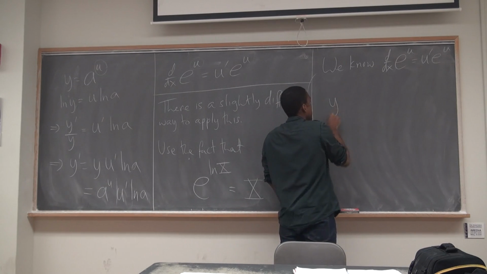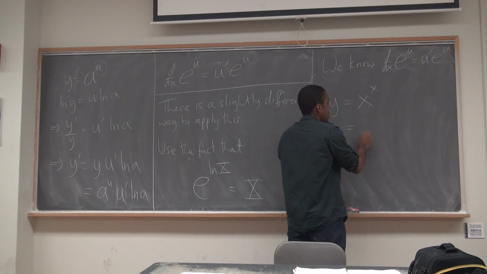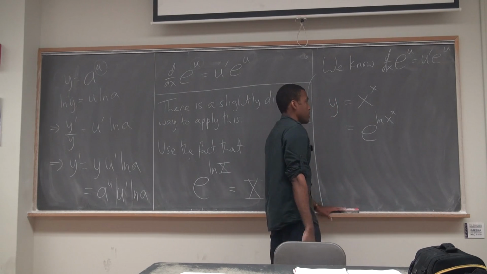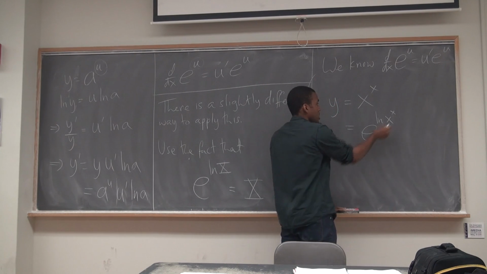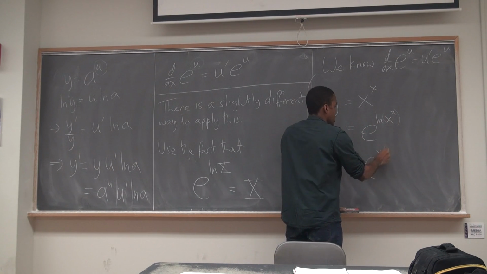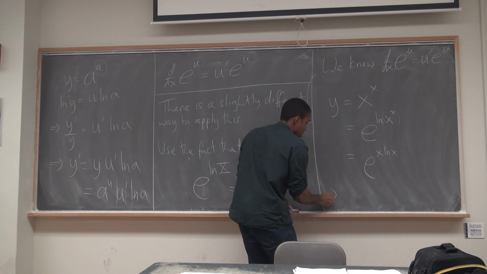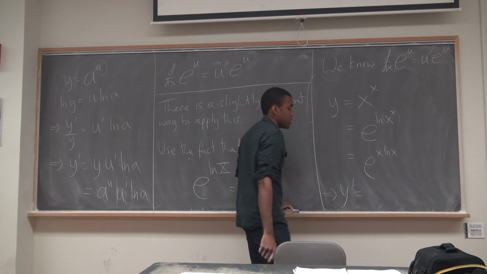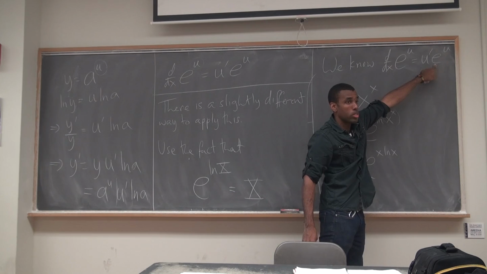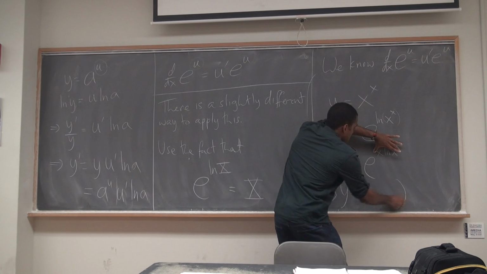So if my y is equal to x to the x, what I could have done is just say, oh, this is just e to the ln of x to the x, which is, I can bring the power down, x ln x. And so now I can actually do y prime. According to this rule, I take the derivative of the power times the original function. The derivative of the power, I use the product rule for.